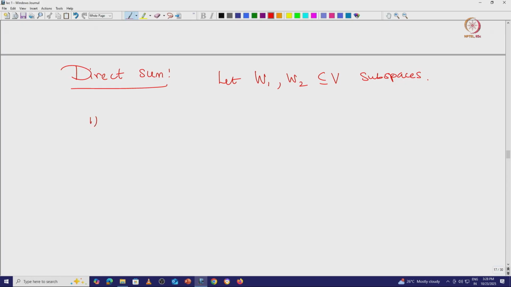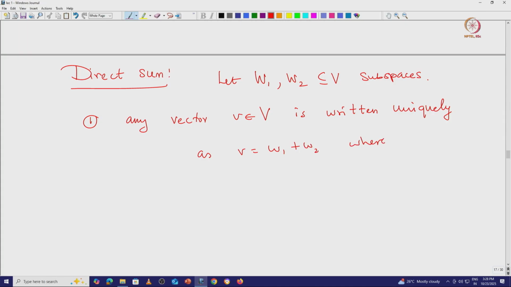So, the very first definition you can take is: any vector v of V is written uniquely as v equal to w1 plus w2, where w1 comes from W1 and w2 comes from W2.